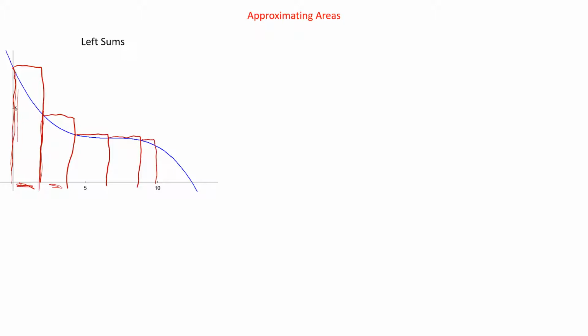The next one is a right sum. You can be doing the same thing, except instead of going up on the left-hand side to get to the function, you go up on the right-hand side to get to the function.